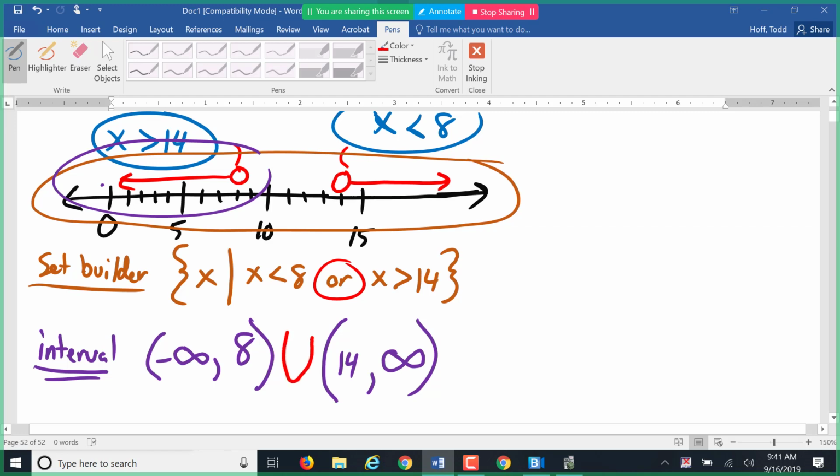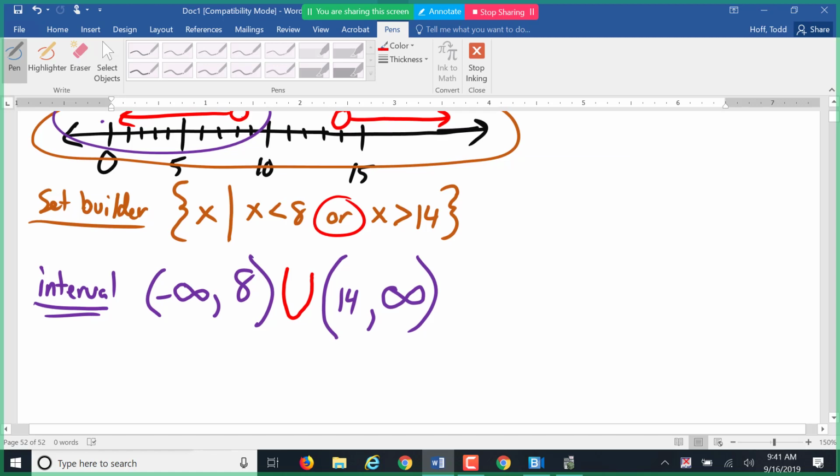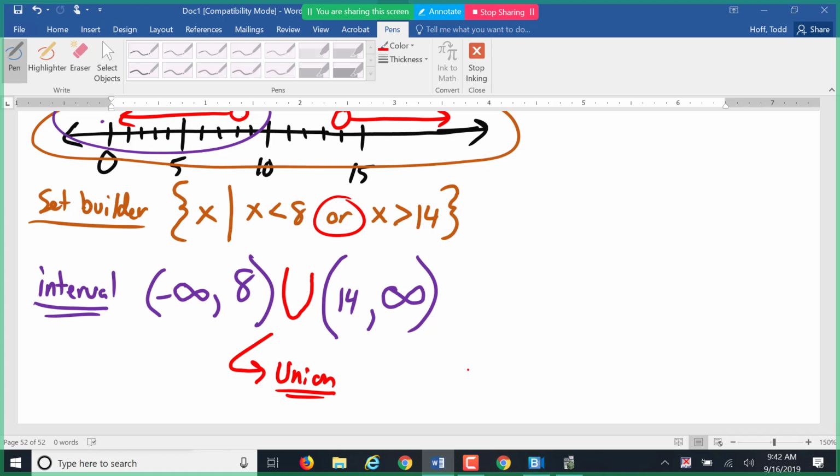It looks like a big U, and that is the symbol for union. Union just means we're putting these two sets together and including everything that is in either one of them. Any questions on that one?